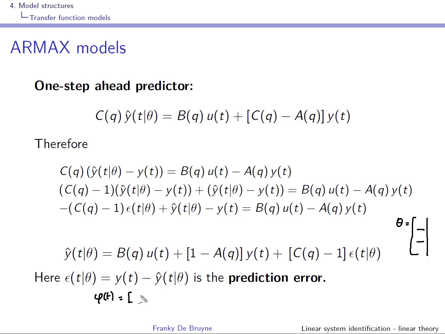And it was composed of, because of this sign over here, minus y(t minus 1) up to minus y(t minus na). And then if we have a delay of nk, we had u(t minus nk) up to u(t minus nk minus nb plus 1), right?